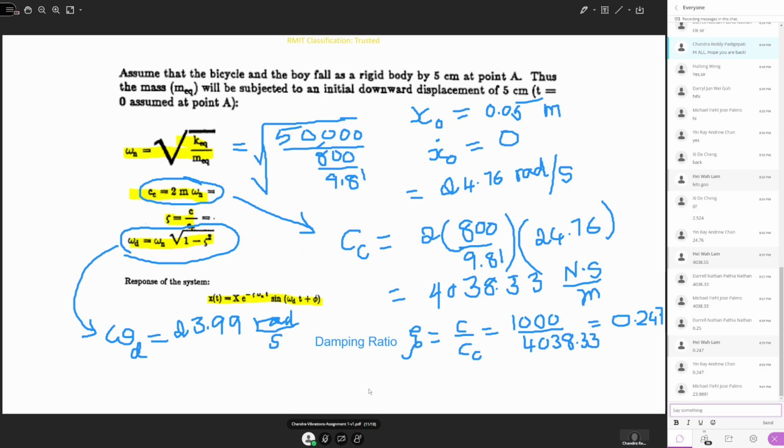So next, the response of the system. We know x(t) can be written like this. Let me clear the calculations.